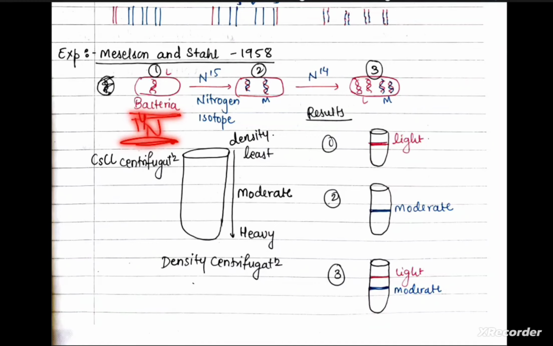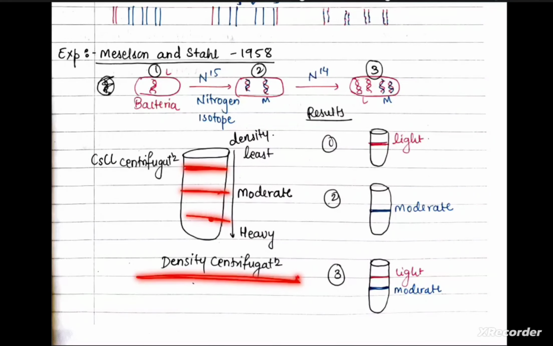N14 is a lighter isotope of nitrogen, so they got a light band as the initial result. This is density centrifugation. Light is less dense, so it will be on top. Moderate is in between, and the very heavy isotope, N15, which they use later, will give you those bands here. The initial result was a light band.